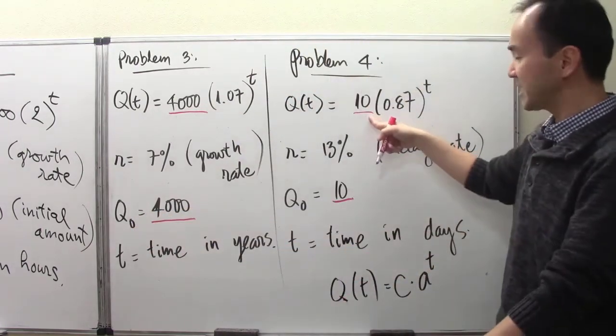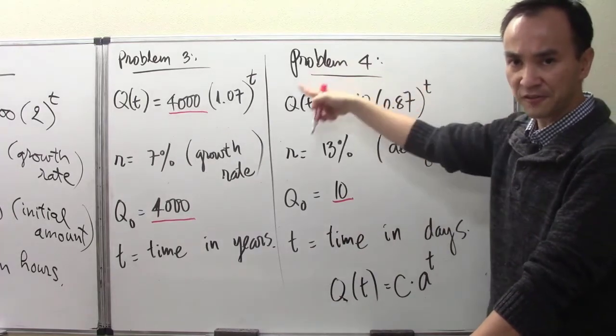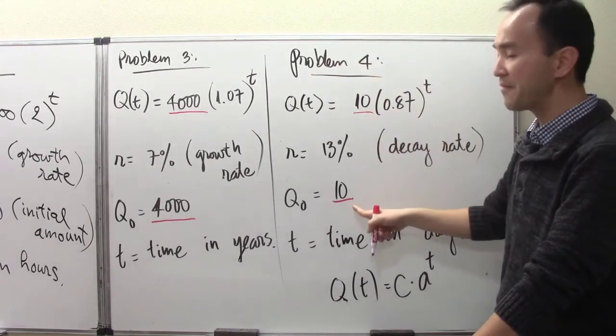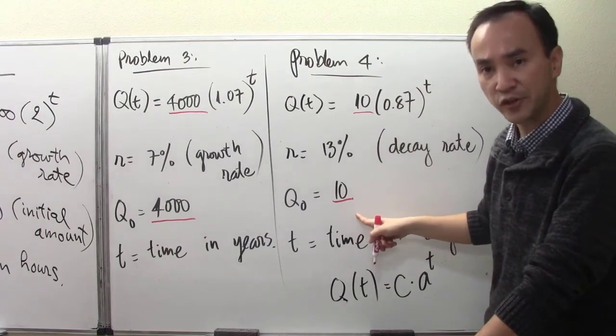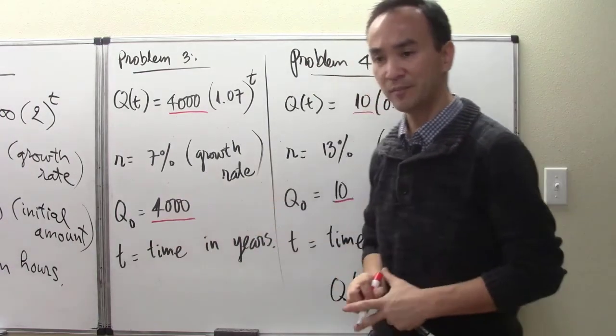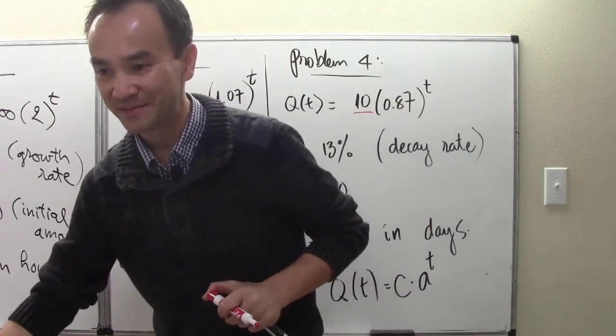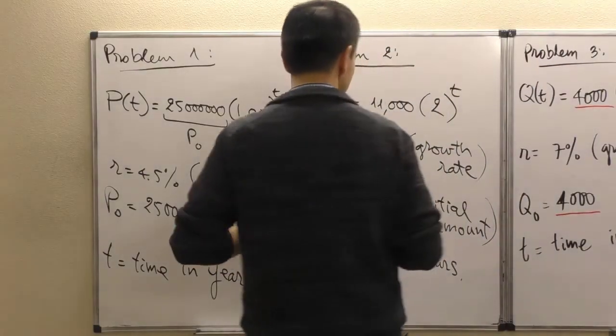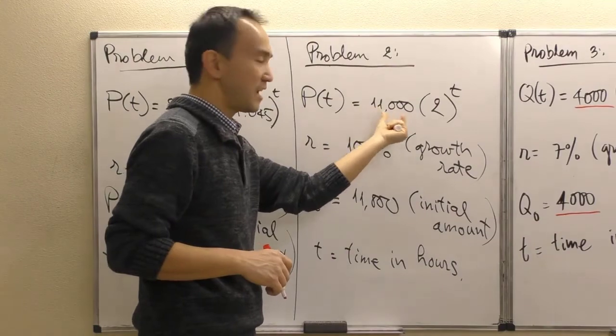That 10 as a constant coefficient in our final function came out from the given initial amount.